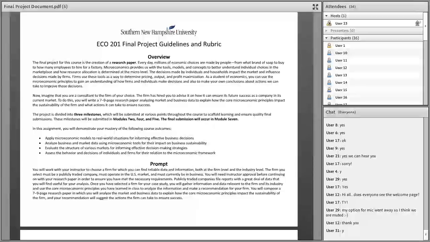The list is compiled based on some requisites that you need to have for the firm you're going to research. One requisite is that the firm is a US-based firm. Another one is that it's a public company, so you will be able to access financial information online. So it has to be a listed company.